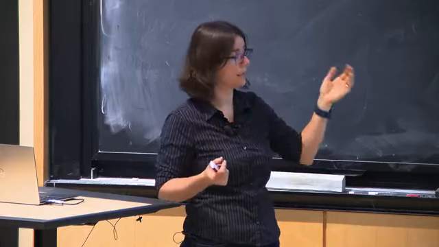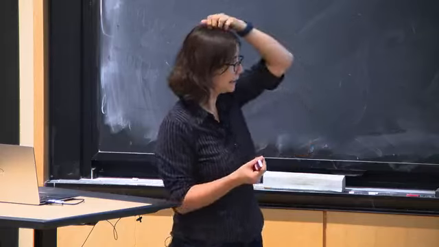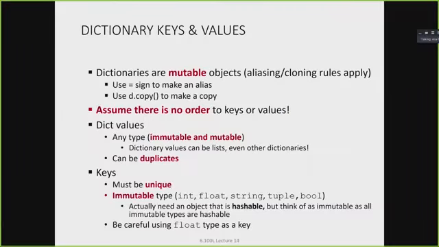Right? So the keys have to be unique, first of all. Second, the keys have to be immutable, technically hashable, but for the purposes of this class, just think of them as having to be immutable. So a key can only be one of these types that we've seen so far: int, float, string, tuple, or bool. You cannot have a key that's a list. You cannot have a key that's a dictionary because they're mutable objects.